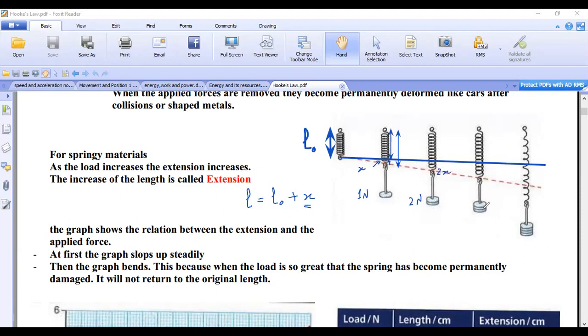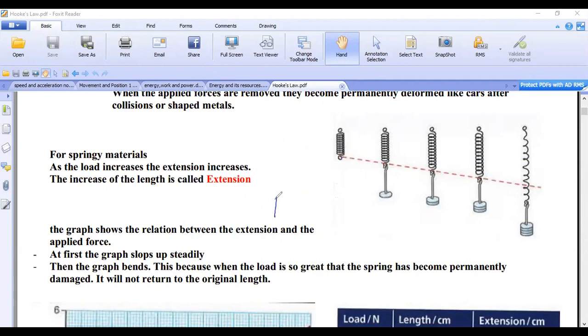If we increase the force to be 3 Newton, you will see that the extension increases 3 times the original one. So this extension will be 3x. So here we have a direct relationship between the applied force and the extension. Okay, and this is Hooke's law.